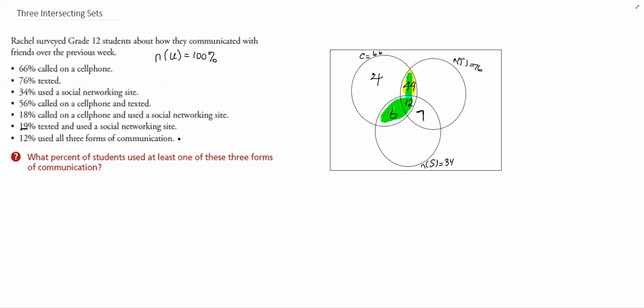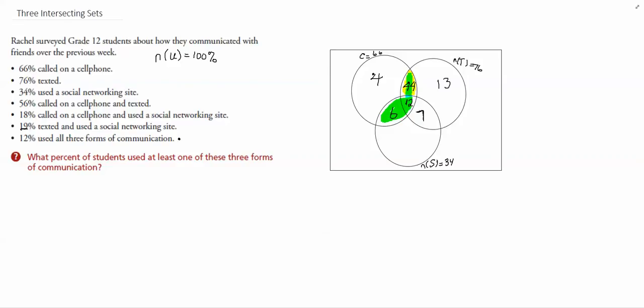So you take 76, subtract 44. Now I'm just going to pull out my calculator. We have 76, I'm subtracting 44, subtracting 12, and subtracting 7, and that gives me 13%. And I can do the same thing to determine the number who use only a social networking site.